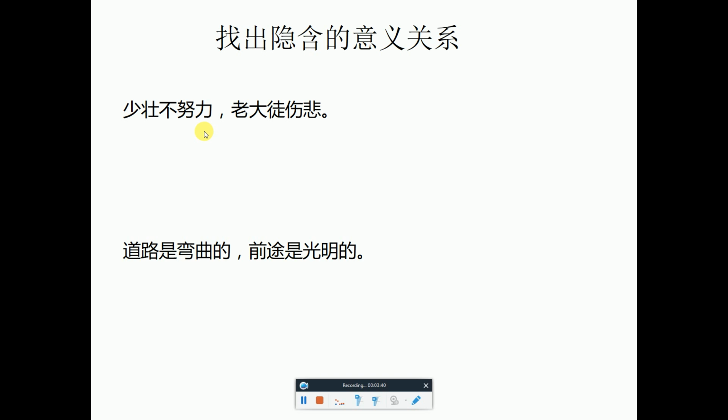Another example, 少壮不努力，老大徒伤悲. What kind of relationship do you think there is between these two parts of the sentence? 少壮不努力，老大徒伤悲. The first part is the condition of the second part.